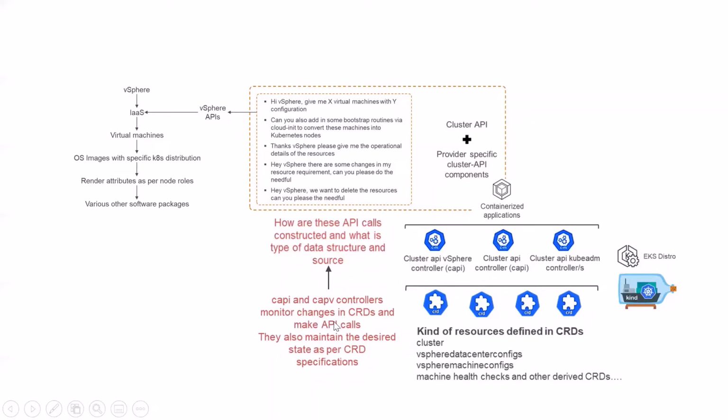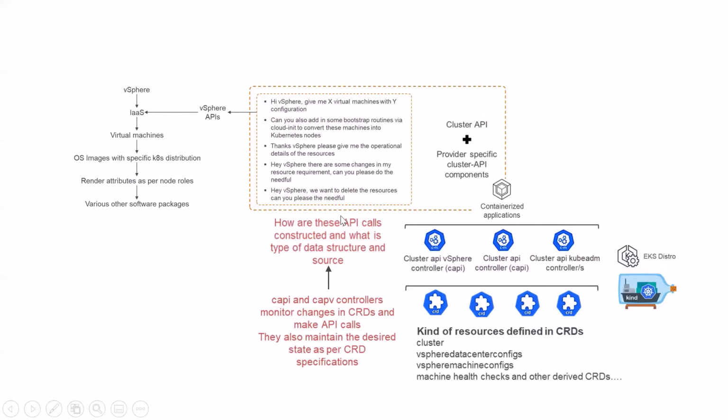And then those API calls are constructed and made to the infrastructure as a service provider. In this case, it's vSphere. Again, like I said, the core remains the same, which is the core cluster API components. If this was AWS, the cluster API provider specific component would replace the vSphere component. So it could be AWS, in that case.